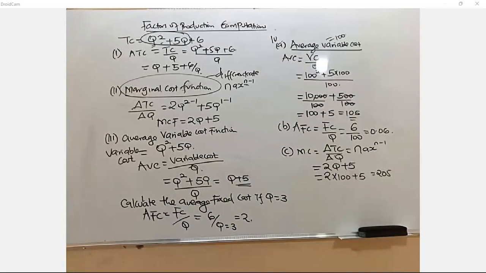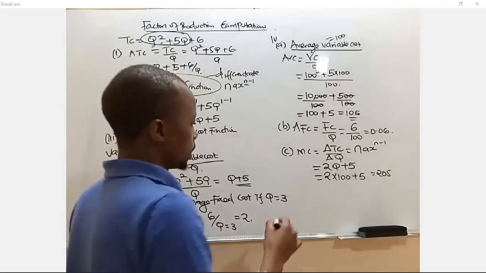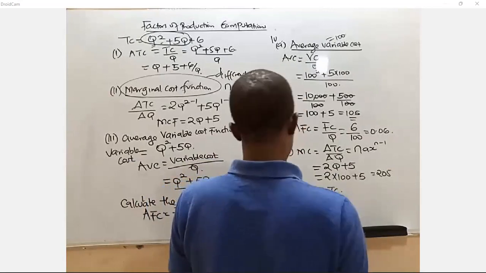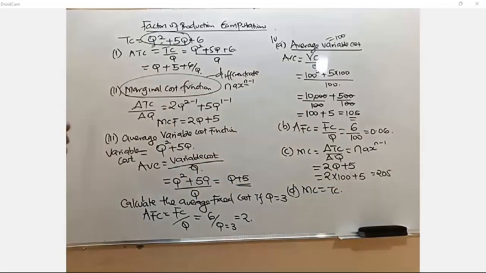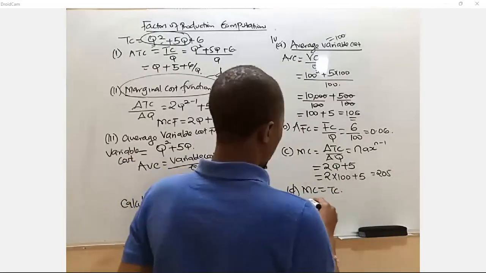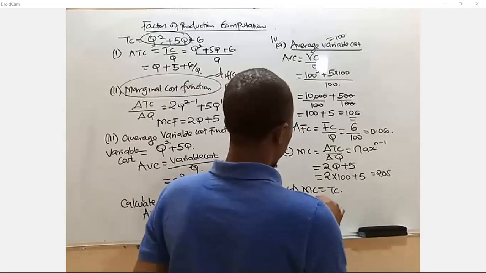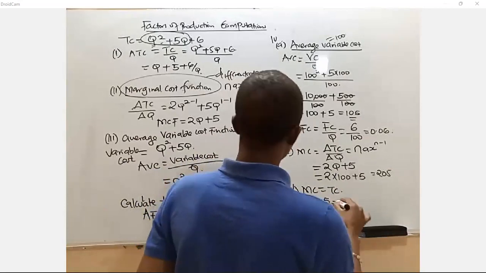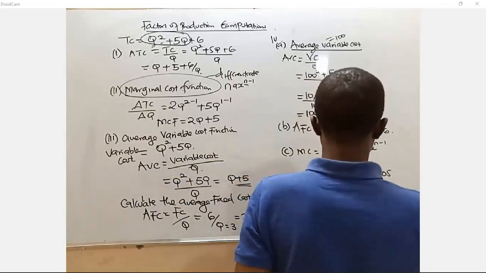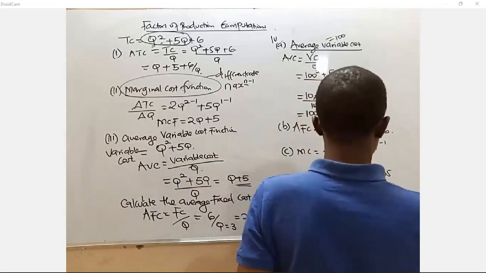The marginal cost is equal to 2q plus 5, which will be equal to q squared plus 5q plus 6.